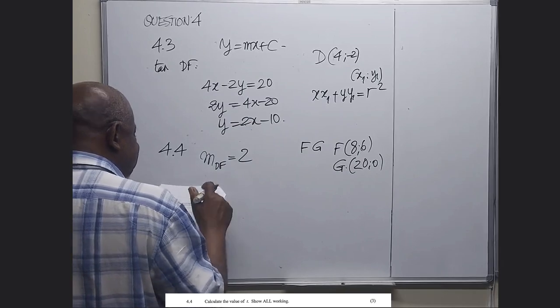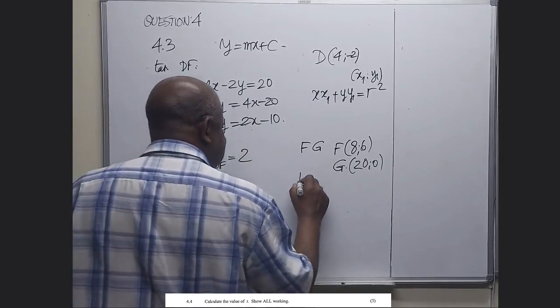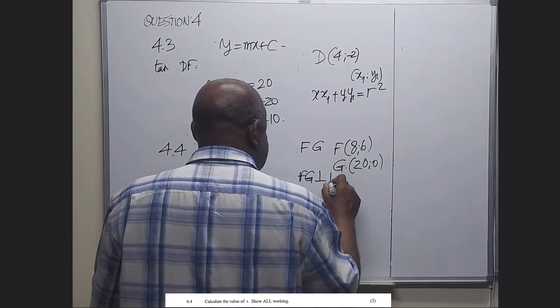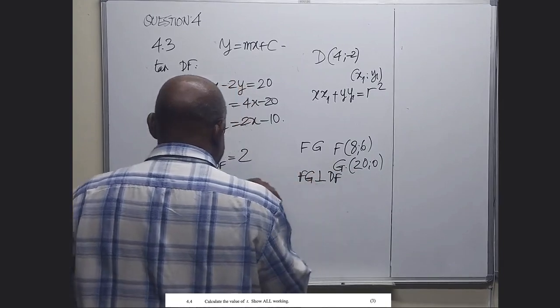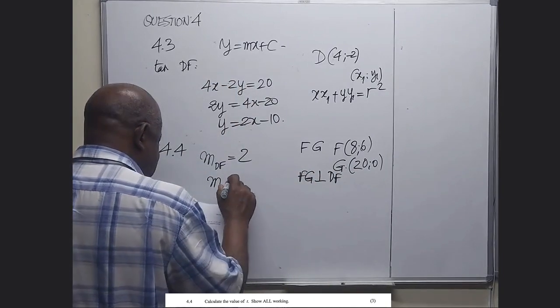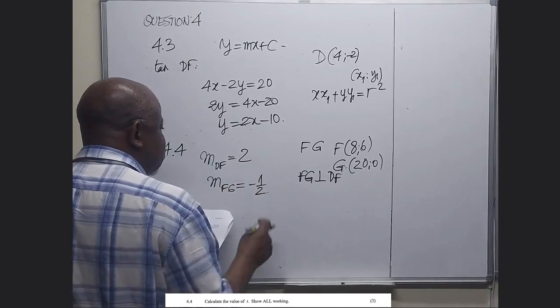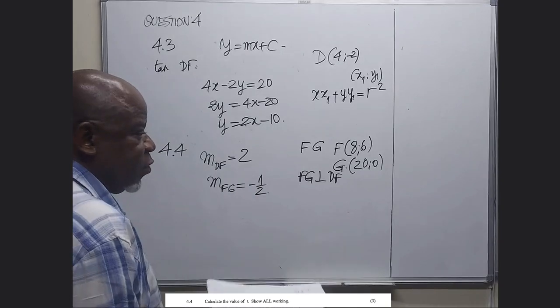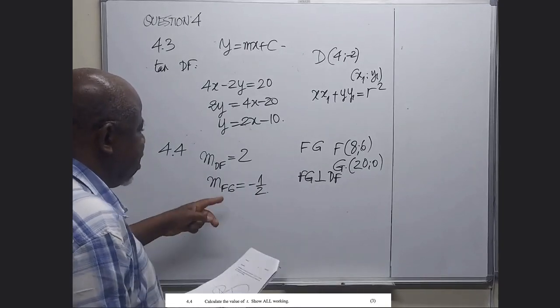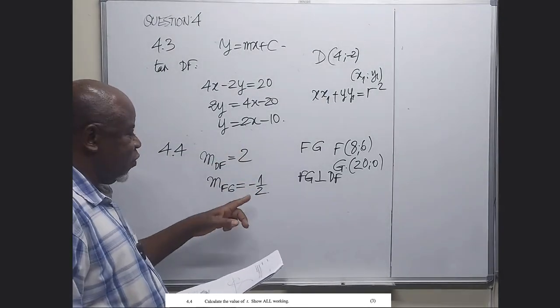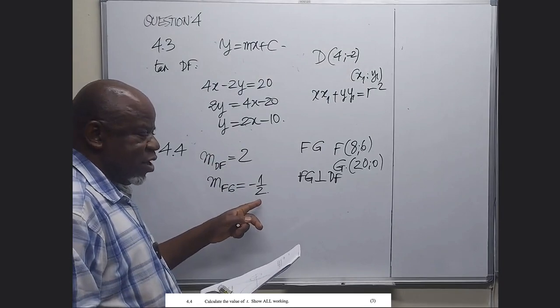The radius FG is perpendicular to DF, meaning the gradient of FG will be equal to minus 1 over 2. Why? Because when two lines are perpendicular, the product of their gradients will be minus 1. So this will be the gradient of the radius FG.